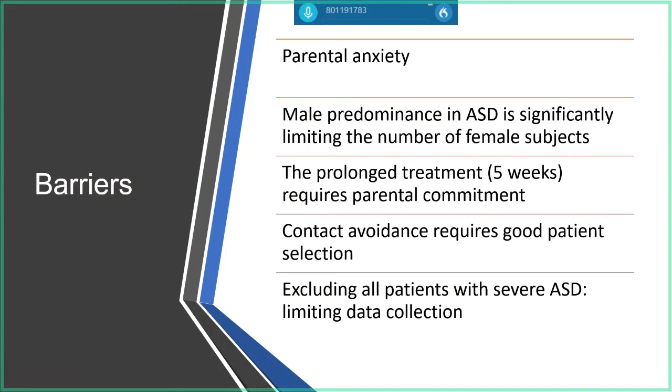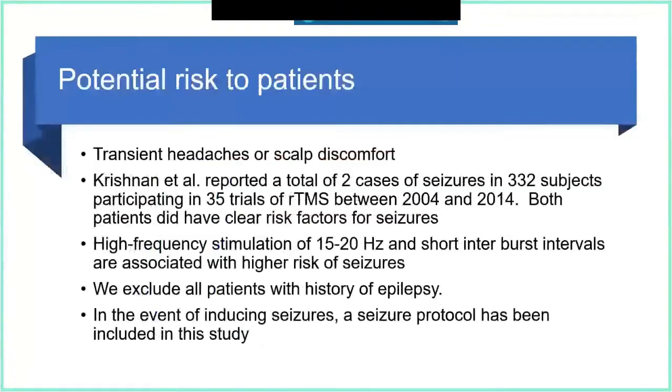And anyone with seizures obviously is excluded. One major barrier that I am seeing right now is the male predominance in autism. We know that autism predominantly affects boys, and that's why I'm having difficulty recruiting girls.